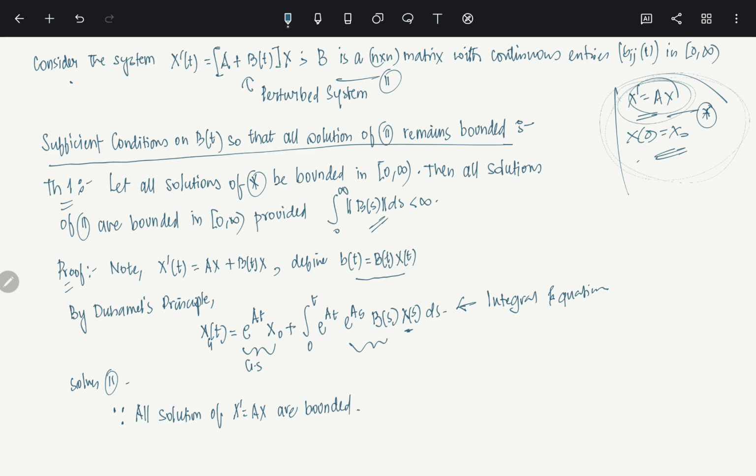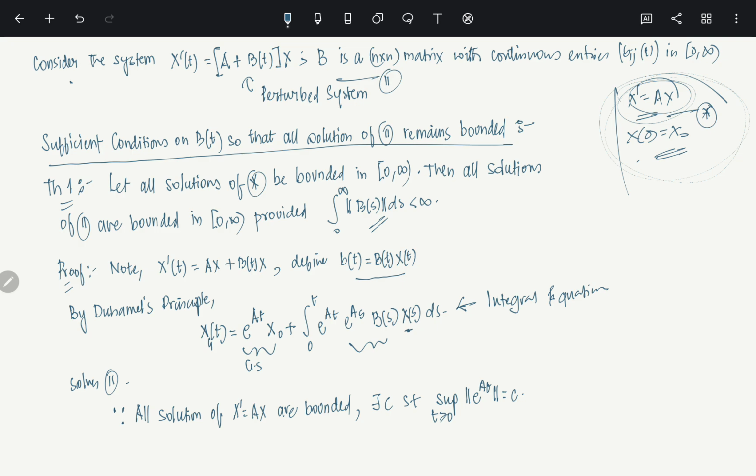Clear? There exists C such that the supremum over t positive of the norm of e to the power At is C. Is this okay?